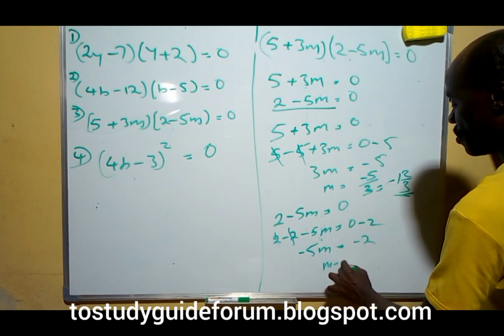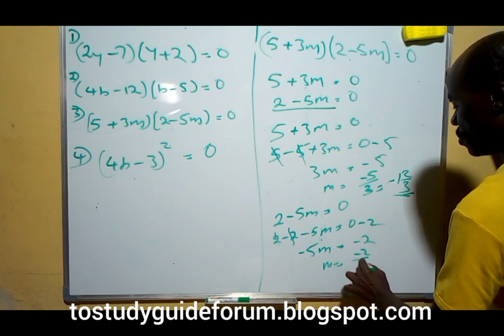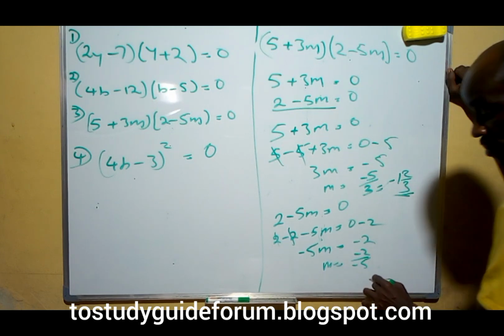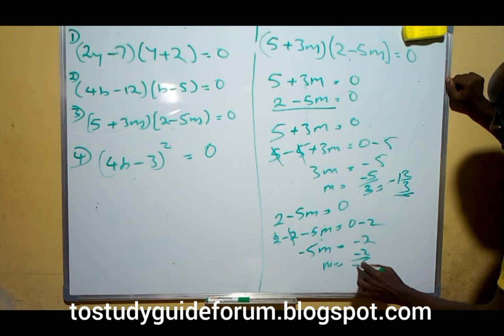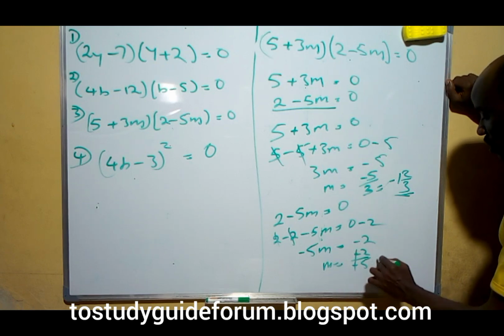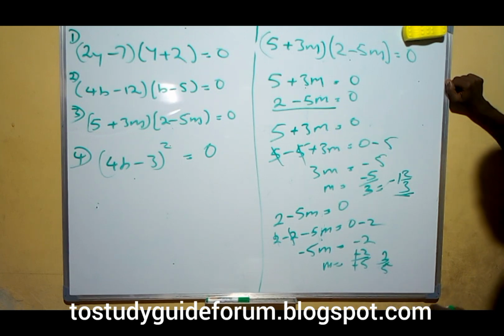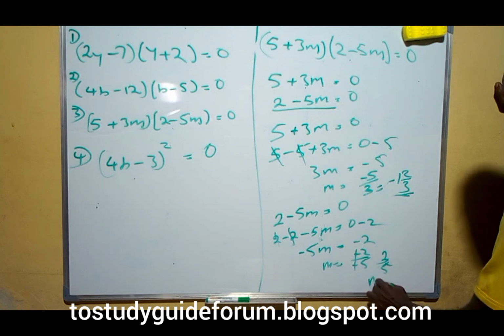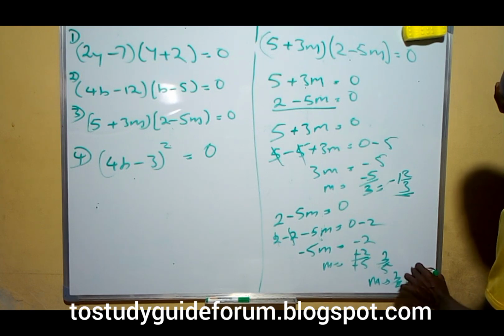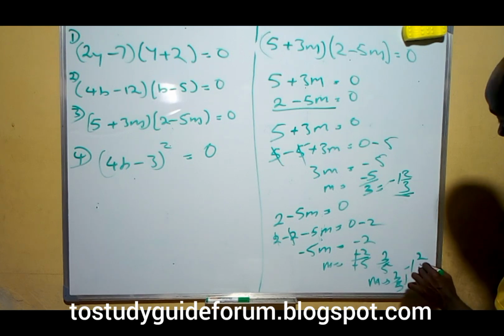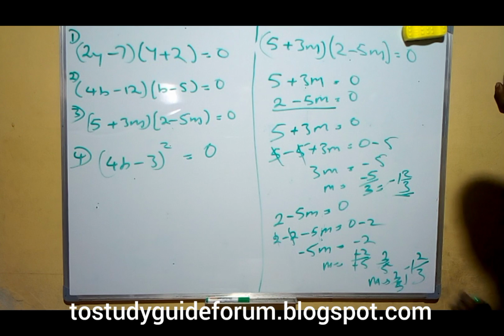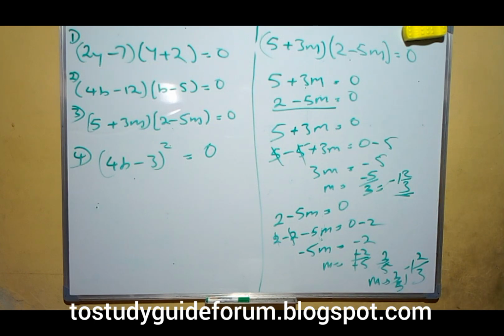So m will be equal to minus 2 divided by minus 5. Then this will cancel out. What we have here will be 2 over 5. So m is equal to 2 over 5 and minus 1 2 over 3. So the last one, we're going to solve the last one.